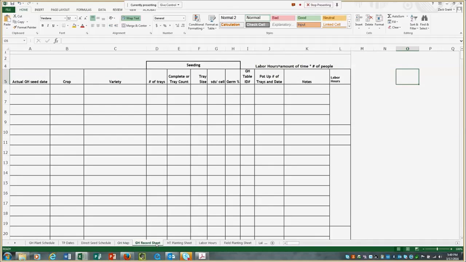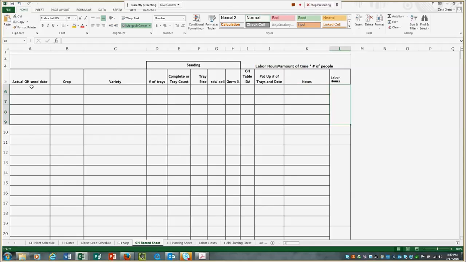So here we go. Here's an example of a greenhouse record keeping sheet. This was something that we used in conjunction with the printed out sheet from the master sheet that I just showed you, the color coded one. This is just a real simple template that you can use to plug in when you actually did the greenhouse seeding: the crop variety, the number of trays, was it a complete tray, the tray size, number of seeds per cell, any notes, and labor hours.